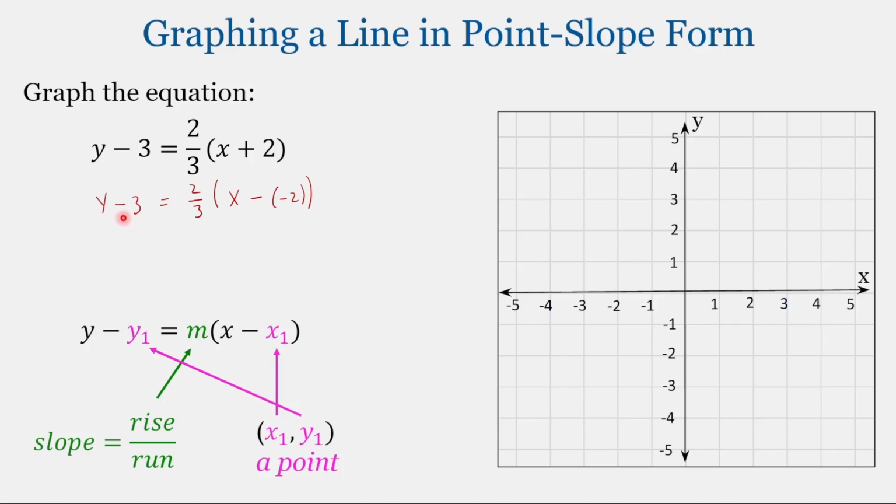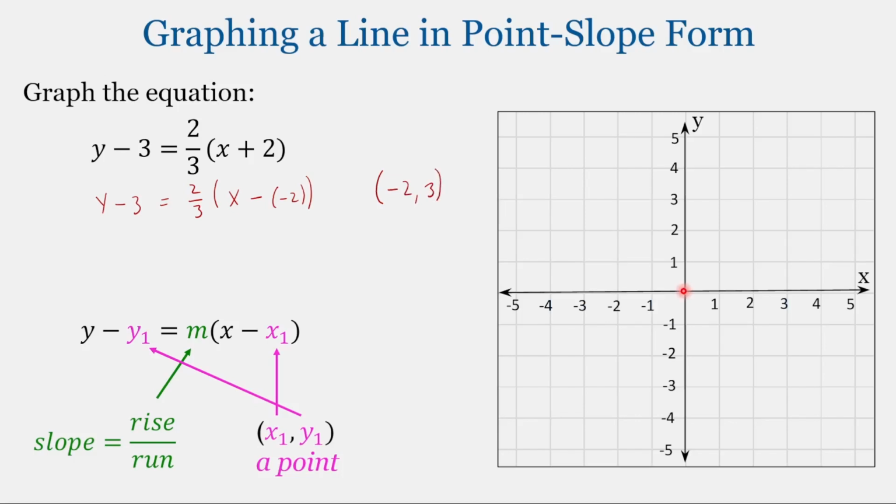So in this example, the y-coordinate is subtracted. But the x-coordinate is addition. We have x plus 2, so let's convert that addition to subtraction. X minus a -2. This gives us the point -2, 3.